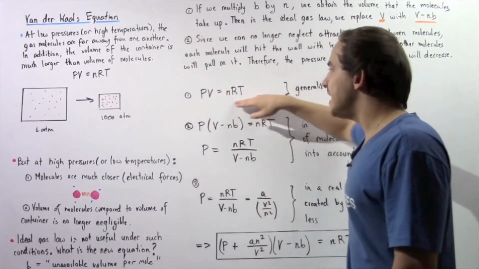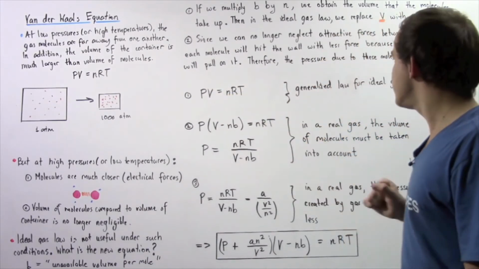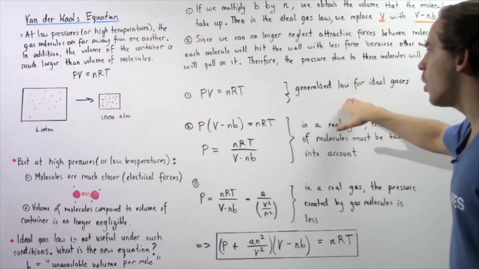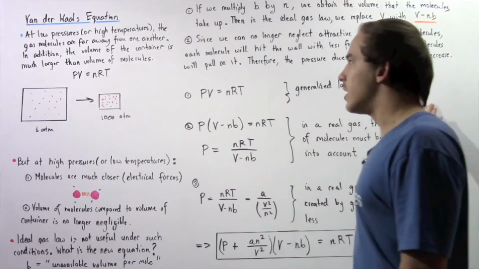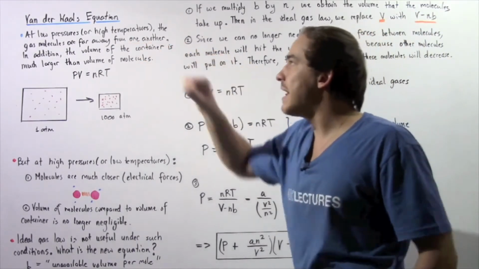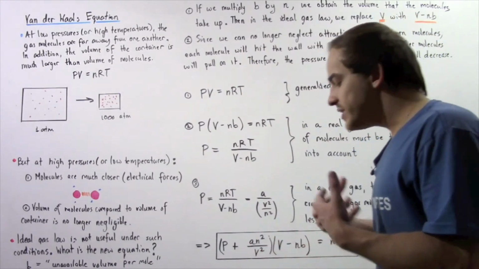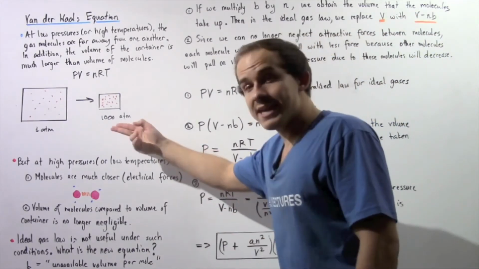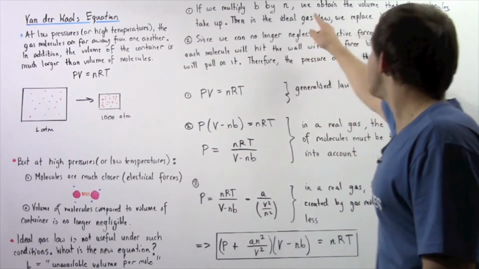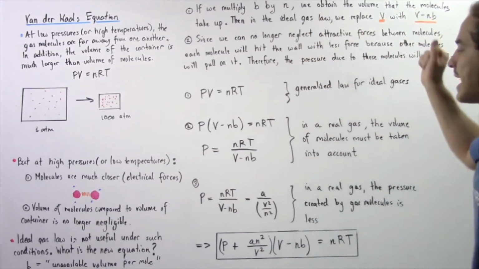So, let's begin with the ideal gas law. This is the generalized law for ideal gases. Let's try to derive the van der Waals equation from the ideal gas law. We said that in this case, we have to replace the volume with V minus nb.